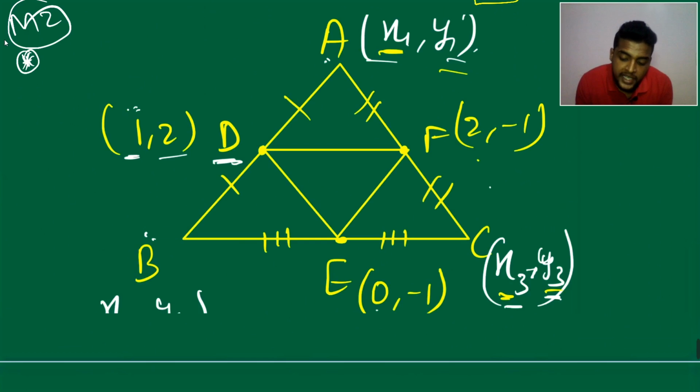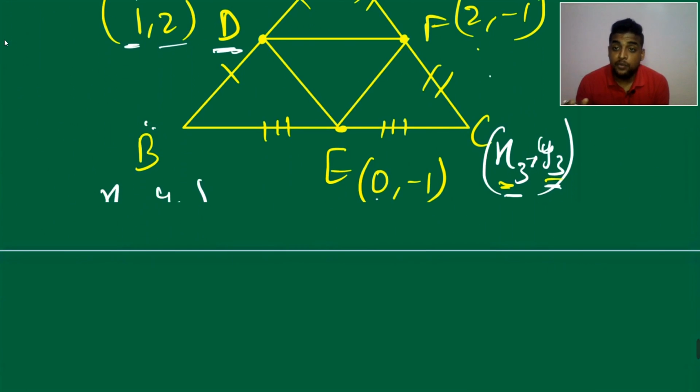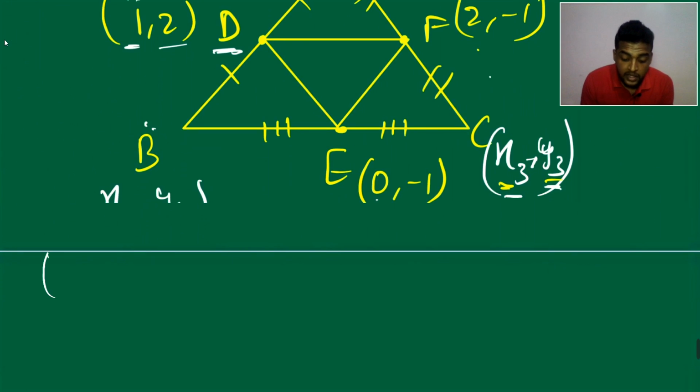A very important property, if you know it, I'm writing the property here before going to the figure. The property is: the line joining midpoints of any two sides of triangle ABC is parallel and equal to half of the third side. Take a note of it. If you are not knowing this, take a note of it.